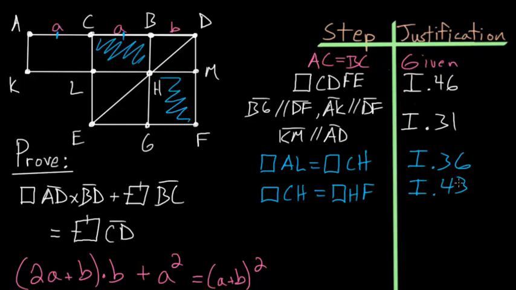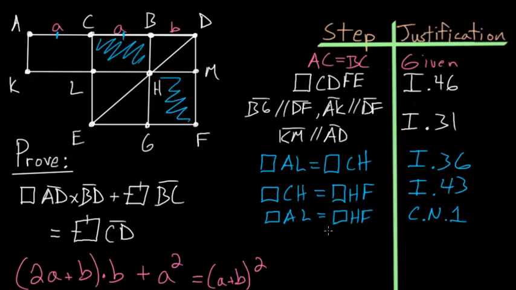And through common notion 1, we can also say that AL is equal to the parallelogram HF. This is due to common notion number 1: things which are equal to the same thing are equal to each other.